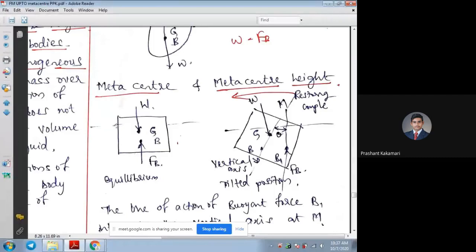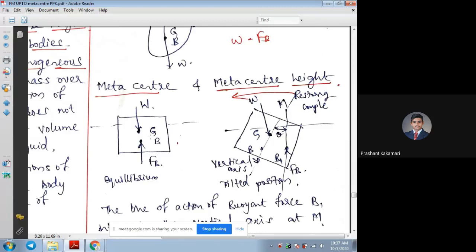For our reference, we have considered one rectangular object here in the front view, which has point B below, and point G above. That depends on different bodies. You can ask me, sir, you told just now that point G should always be below and B should be above. This is for a reference, for derivation or explanation I have taken.